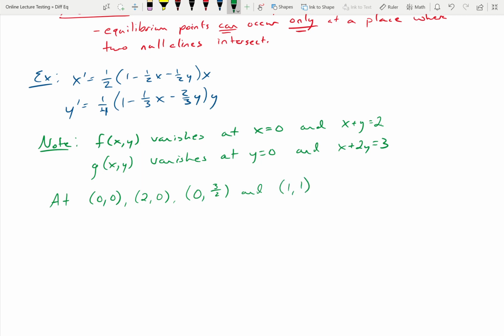These are all equilibrium points for the system.